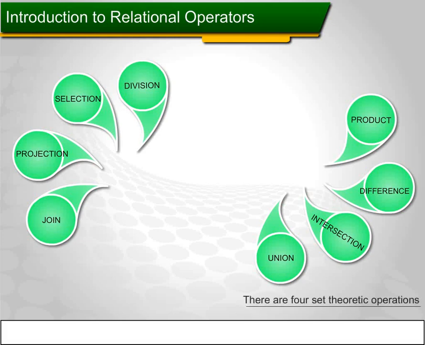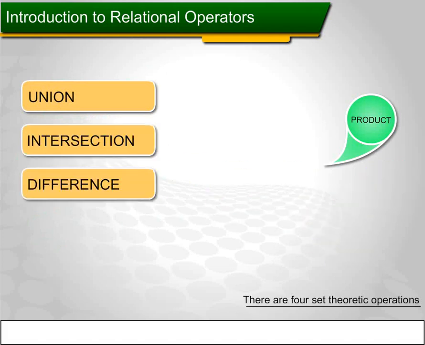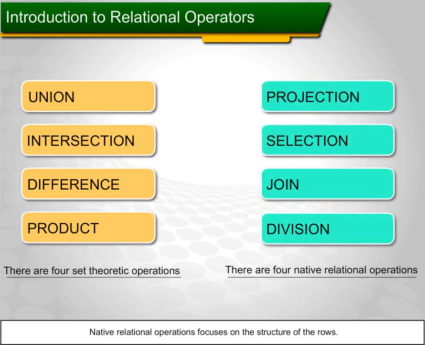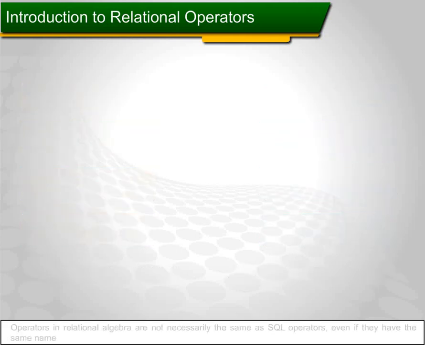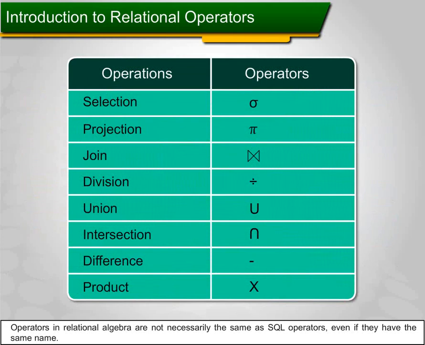There are 4 set theoretic operations: union, intersection, difference, product. Native relational operations focus on the structure of the rows. There are 4 native relational operations: projection, selection, join, division. Operators in relational algebra are not necessarily the same as SQL operators, even if they have the same name.